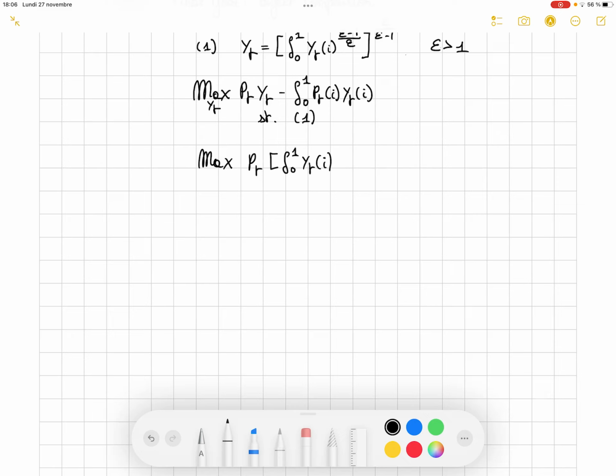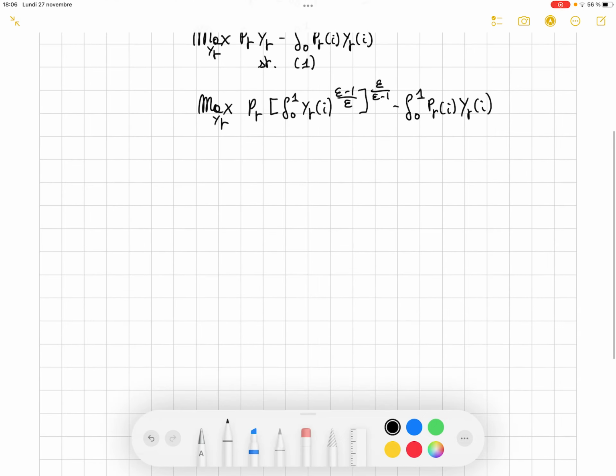Okay, so we can rewrite this optimization process as this, to include directly the constraint inside our optimization problem, minus the total cost. Okay, so that's our problem basically. So we will have one single first order condition here. We just take the derivative of this expression with respect to the final output, epsilon t.